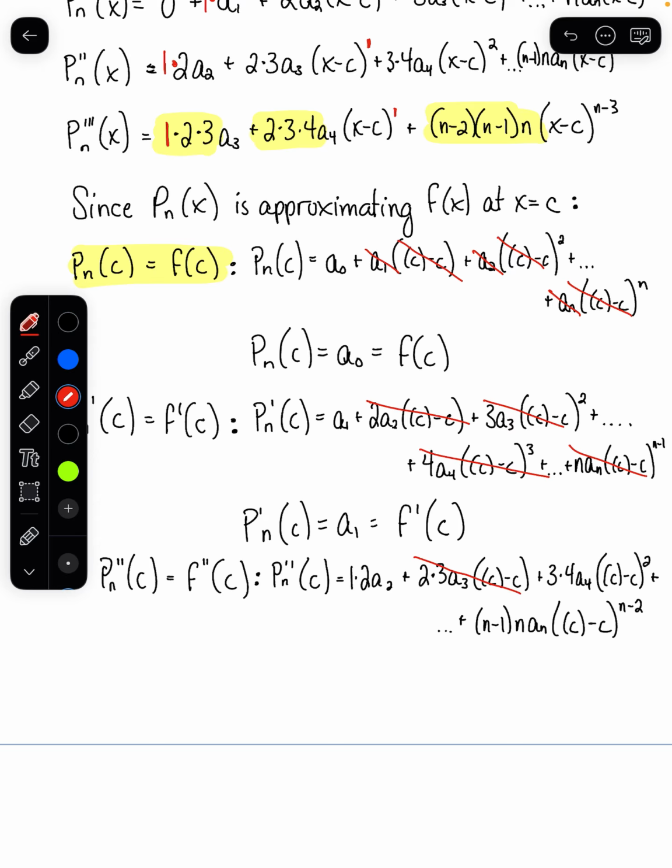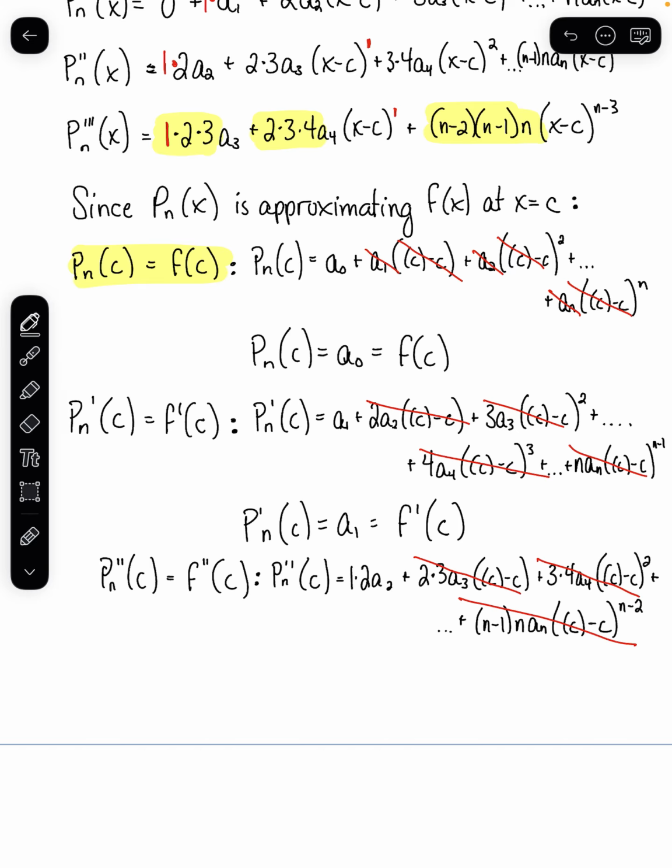And once again, the c minus c is going to cause each of these terms to drop out. And what we have now is that p sub n double prime of c is equal to 1 times 2 a sub 2, and that is equal to f double prime of c.